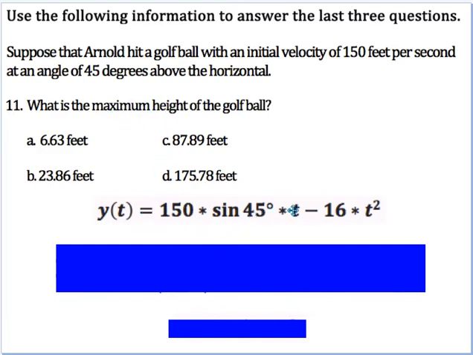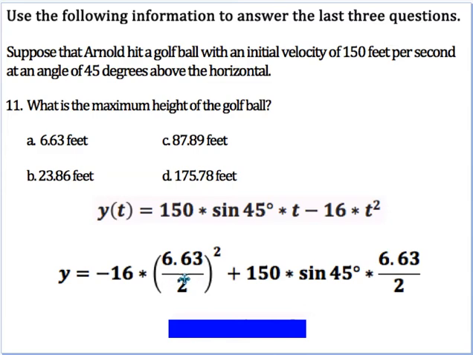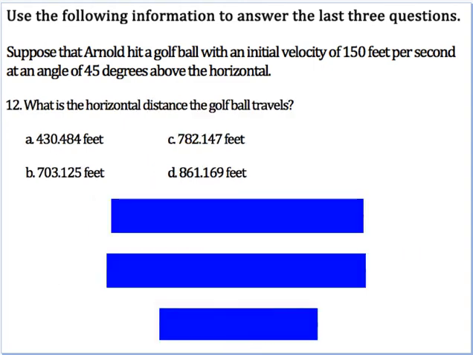I'm taking the y equation, but for t, I'm going to use my value that I had last time, but it's going to be divided by 2. Don't forget to divide your flight time by 2 for your maximum height. And I just plug it into the calculator, and I get my answer is 175.58 feet, so my answer is D.